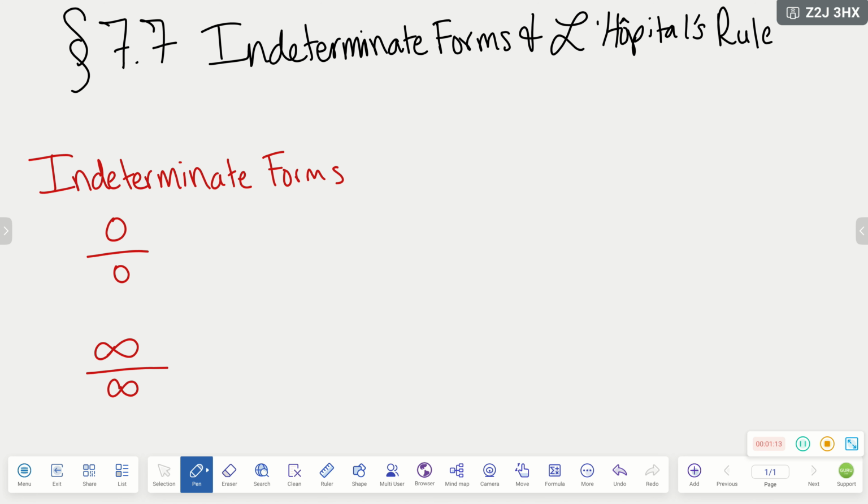As a limit, an example of this would be the limit as x approaches -1 of 2x squared minus 2 over x plus 1. Previously, how you would solve that is, you would get 0 over 0.